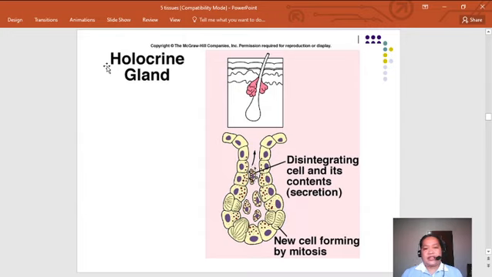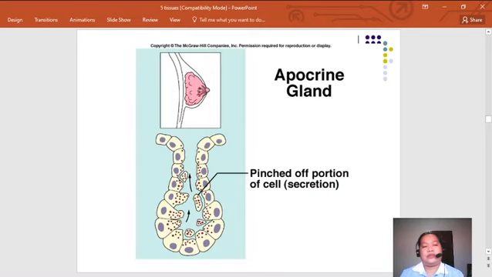So this is an example of a holocrine gland. Disintegrating cells and their content, then new cells are formed by mitosis. The cell dies once the contents are released. Apocrine: a part of the cell is pinched off, then the cell regenerates its part.